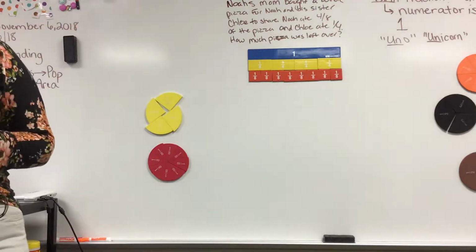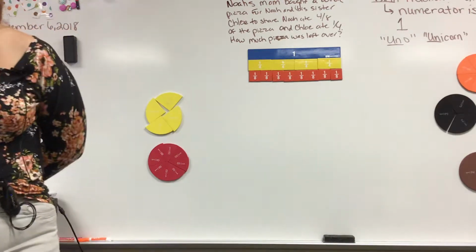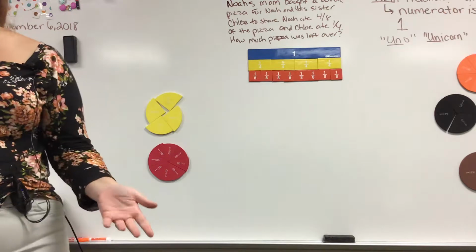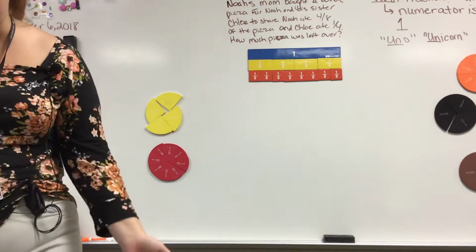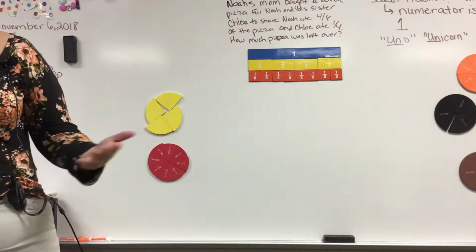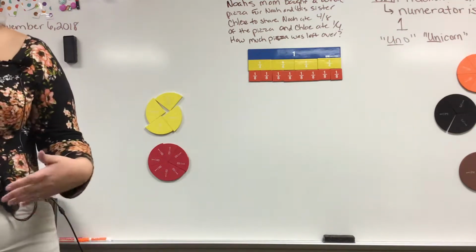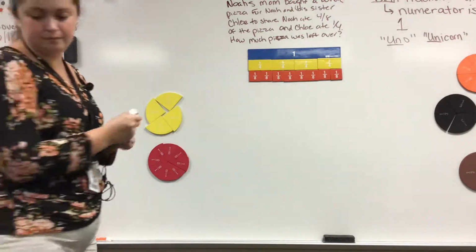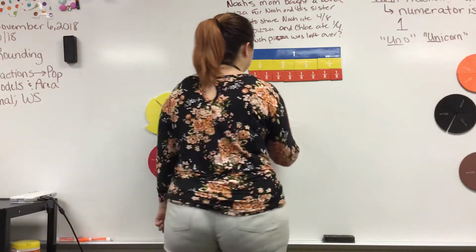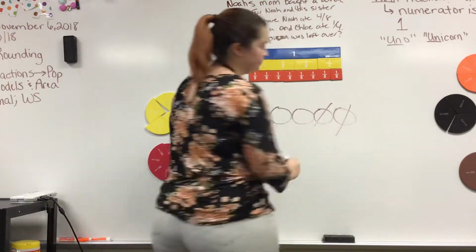Right, so I wanted to show you that subtracting fractions is related to subtracting whole numbers. First, you have to find the common unit or unit fraction, and then subtract the number of units you have. So, for example, if I had 5 minus 2, 1, 2, 3, 4, 5, minus 2, right?